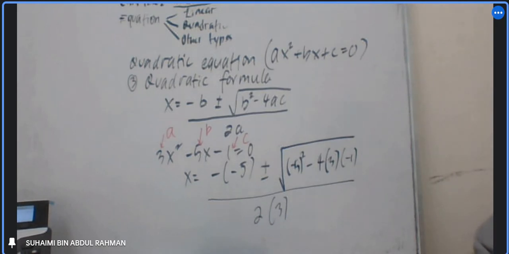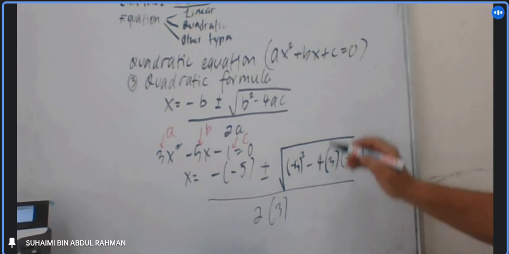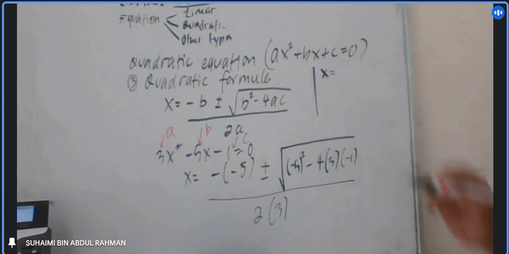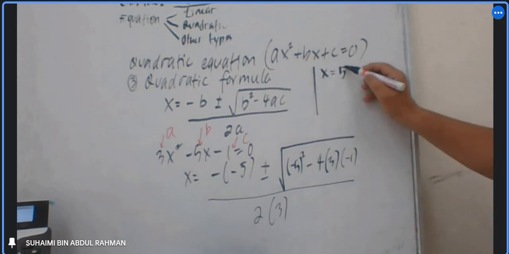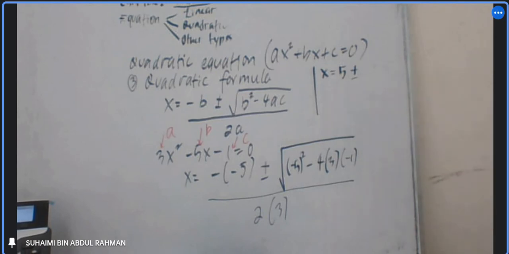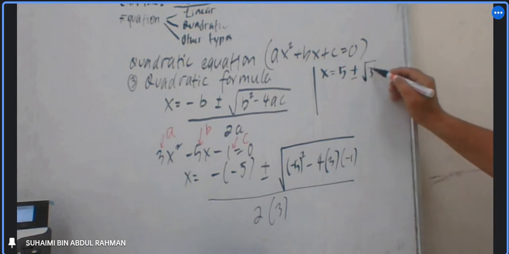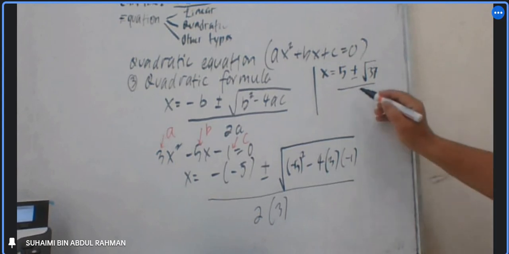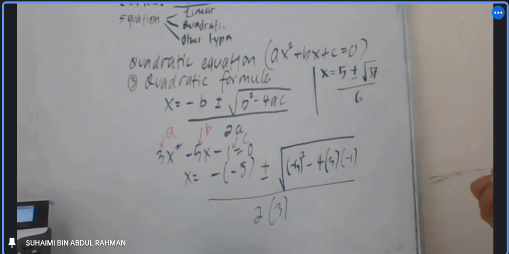So you get x equal to 5 plus minus square root of 37, divided by 6.